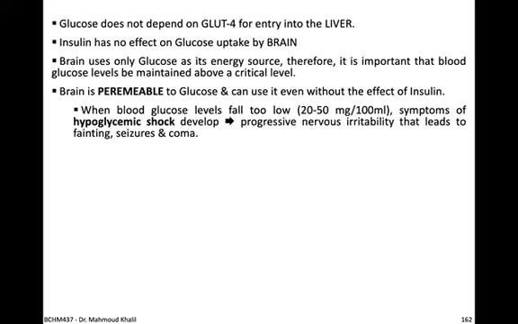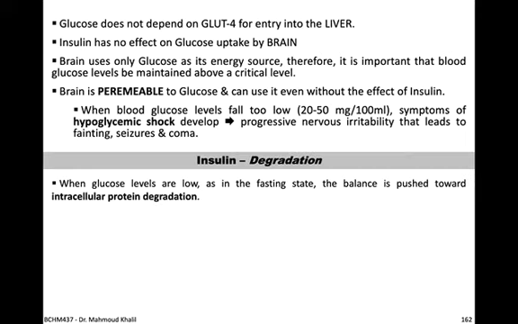So this very low blood sugar level will lead to hypoglycemic shock, which will soon develop into progressive nervous irritability that leads to fainting, seizures and coma.